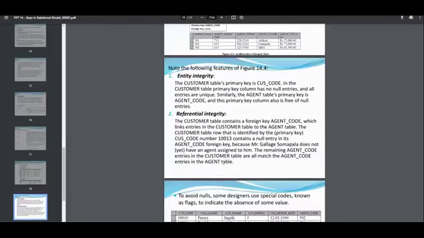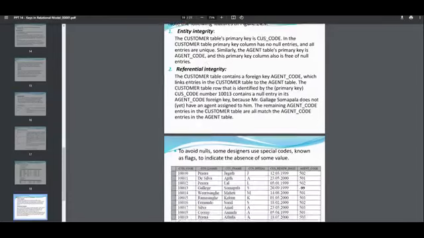Then read these things. So you can understand the importance of having these kinds of rules.